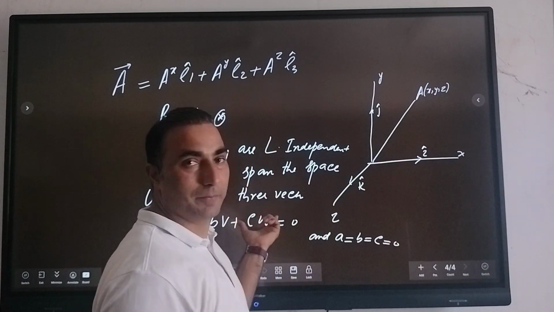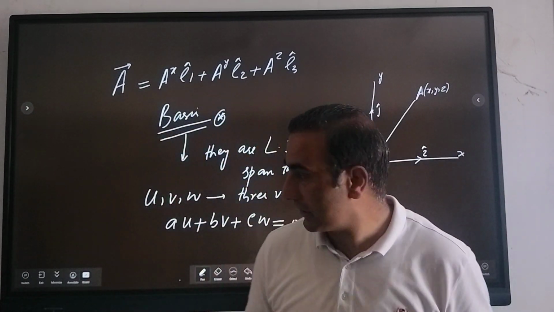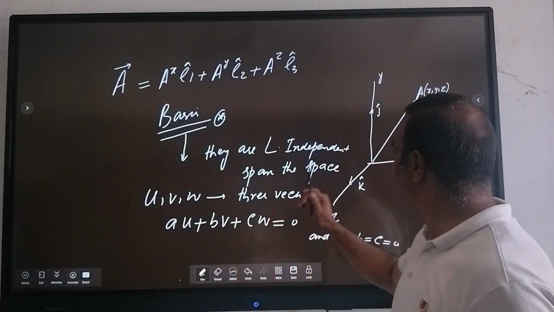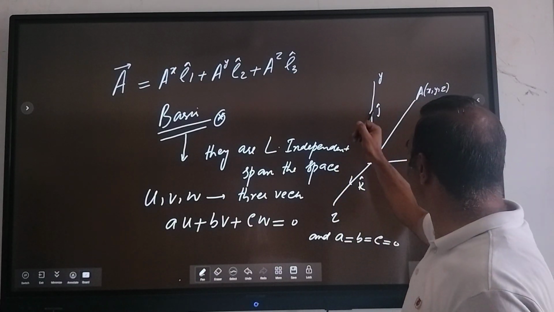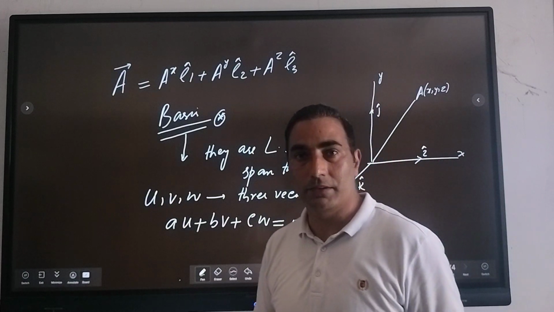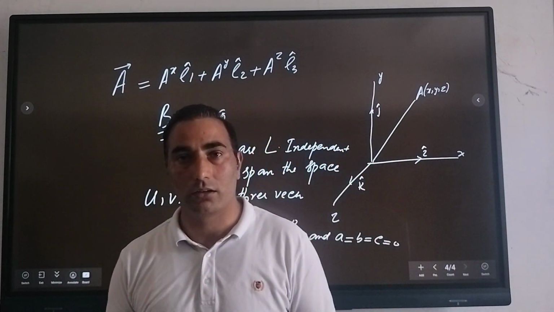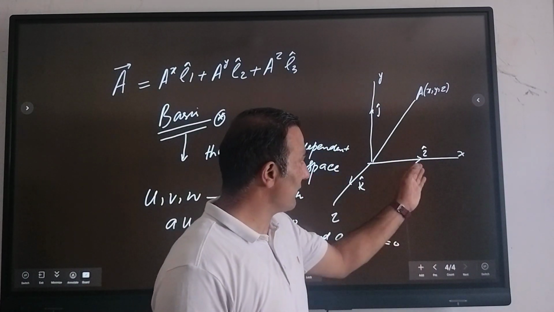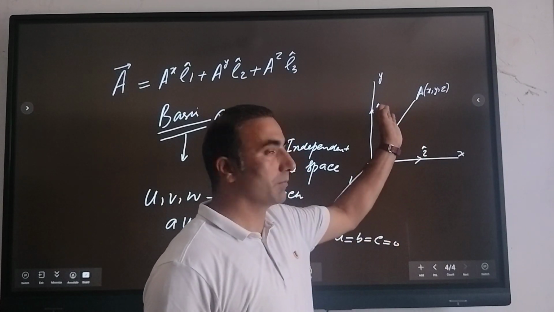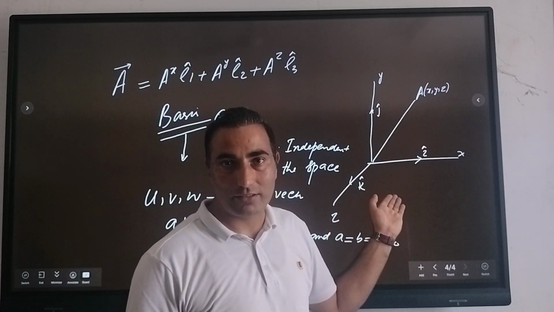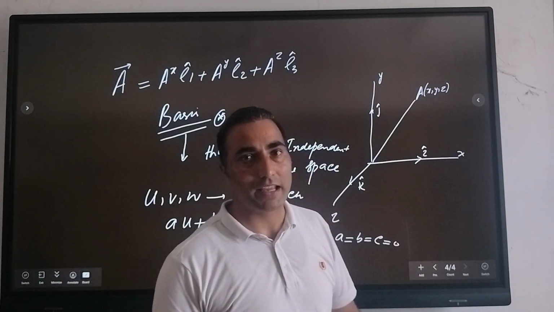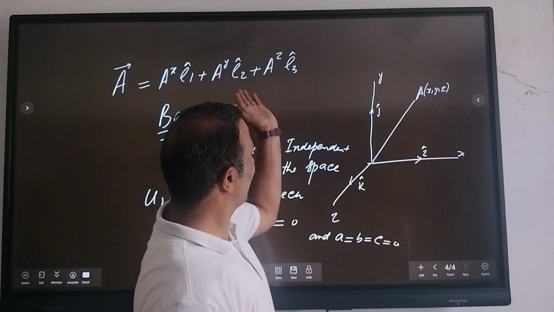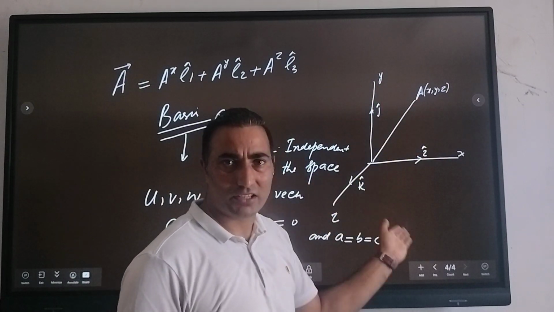Because it fulfills this criteria, right? We cannot write this i vector as a linear combination of the j and k vectors. So these three unit vectors are linearly independent, and they also span the space, because I can represent anything in terms of a linear combination of this set of vectors.